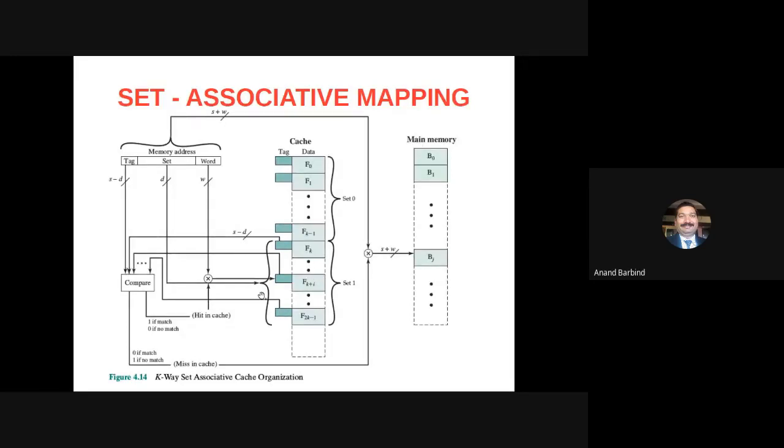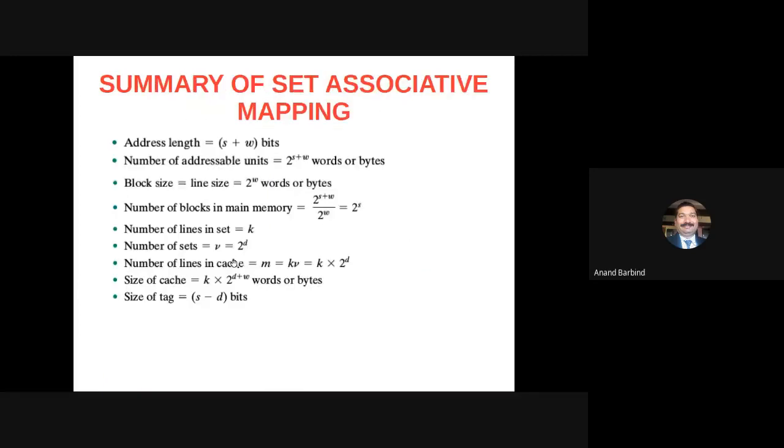So this is the way you can use set associative mapping, which solves the disadvantages of direct mapping and associative mapping. This is the summary of set associative mapping.